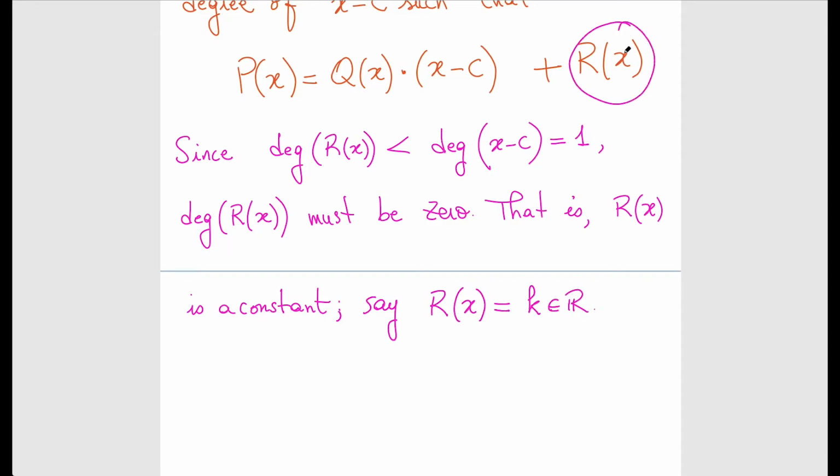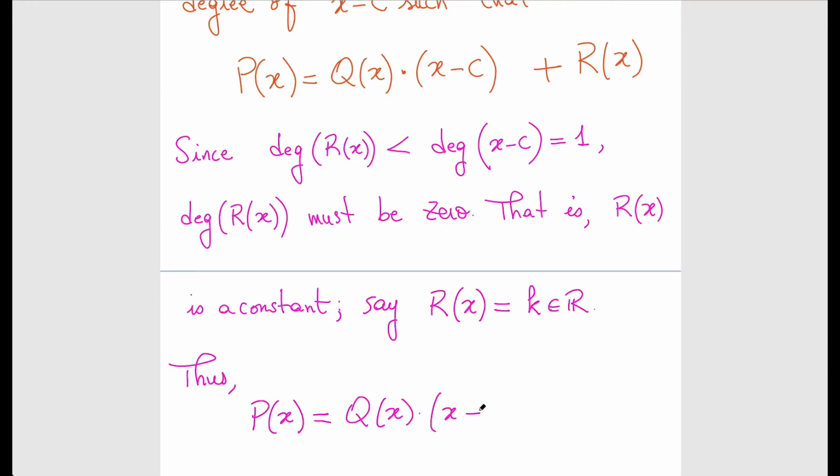So this guy then, I can take it out and replace it by the k I was talking about, right? So let's write that. So thus, p of x is equal to q of x times x minus c plus the k.